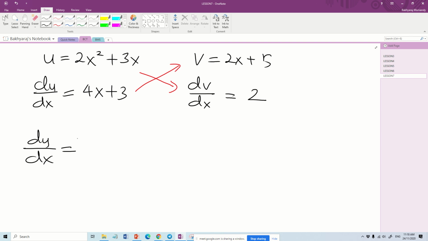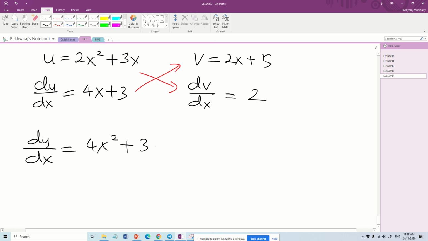Okay, ada siapa-siapa nak cuba answer jawapan ini? dy dx will be equal 4x power of 2, last answer, okay, 4x power of 2 plus 20x.